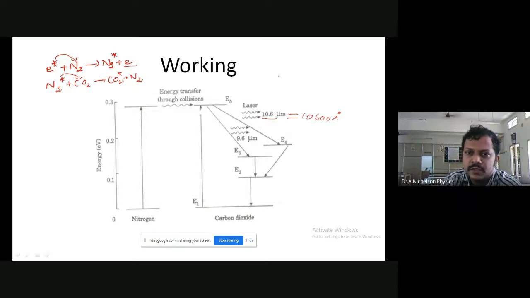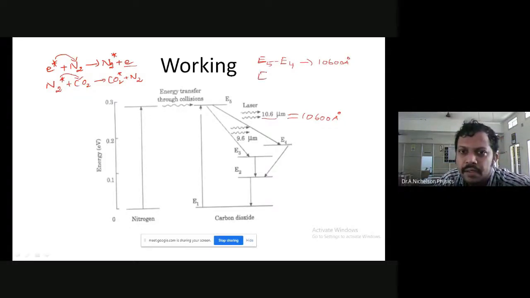These things you should know: the transition E5 to E4, 10,600 angstrom.